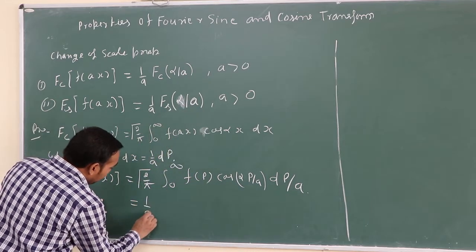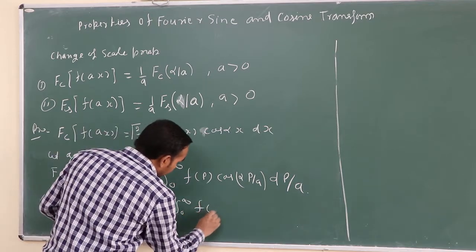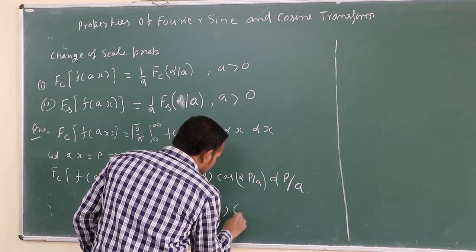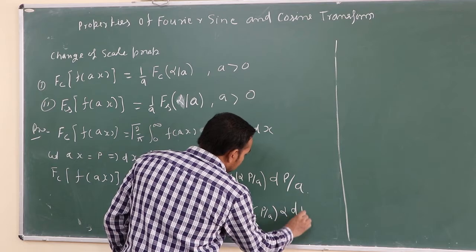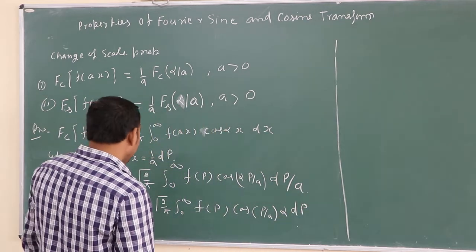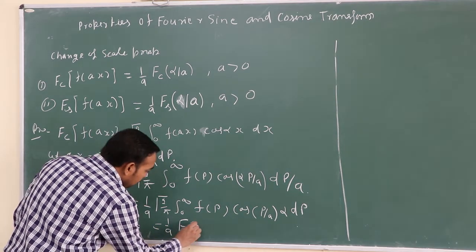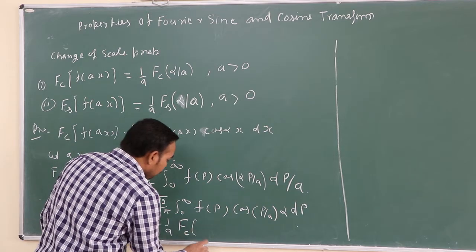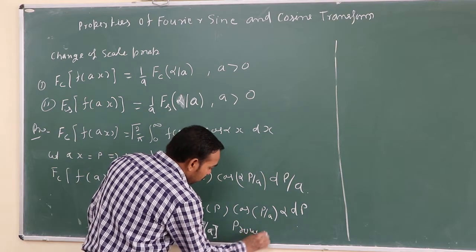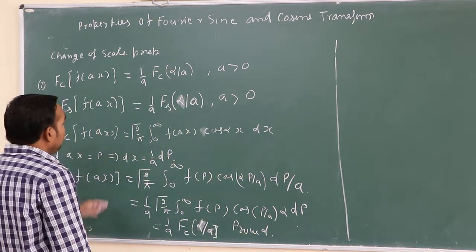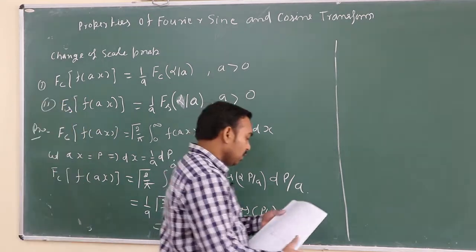So we can write 1 upon a root 2 upon pi integral 0 to infinity f(p) cos(p upon a alpha) dp. This is the Fourier cosine transform, f_c(alpha upon a). Simply say this is proved. In the same manner we can prove it for the Fourier sine transform also.